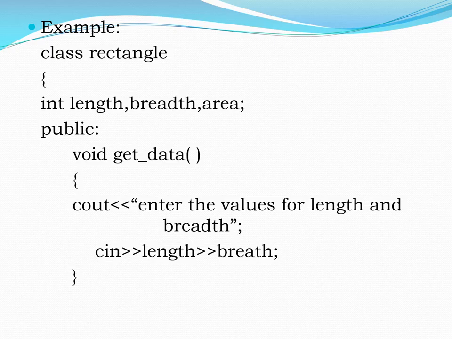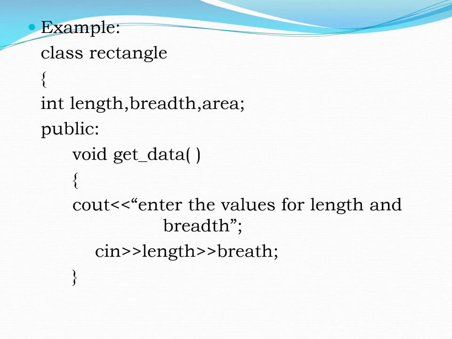After seeing the general syntax of defining a member function inside the class, we'll see a small example of how to declare a member function inside the class. This is a small example where we calculate the area of a rectangle. First of all, before writing a class, we decide what data members and member functions we are going to have.